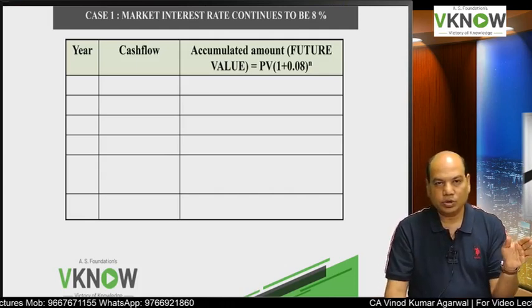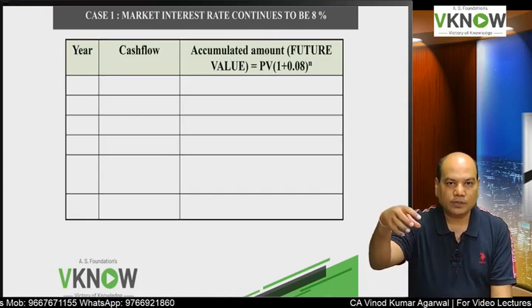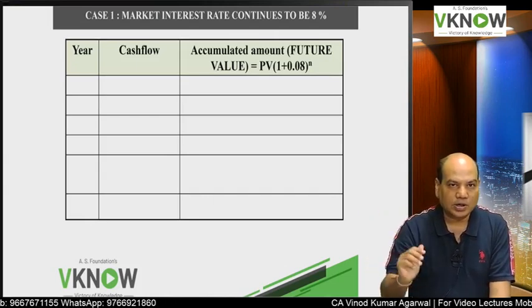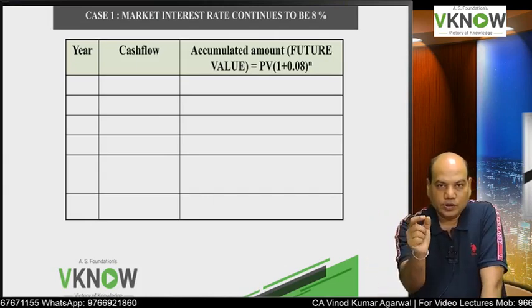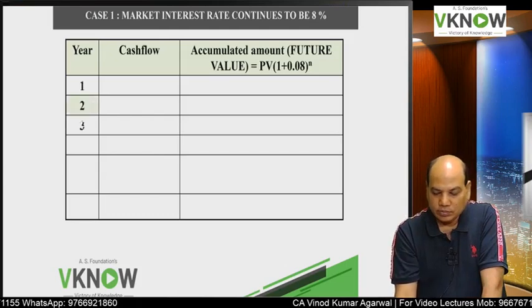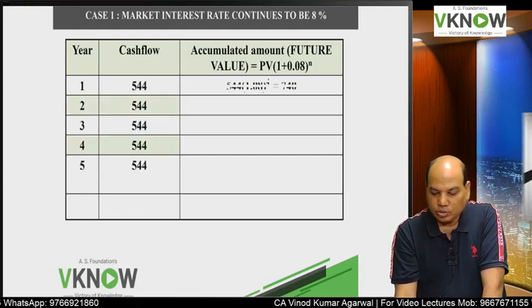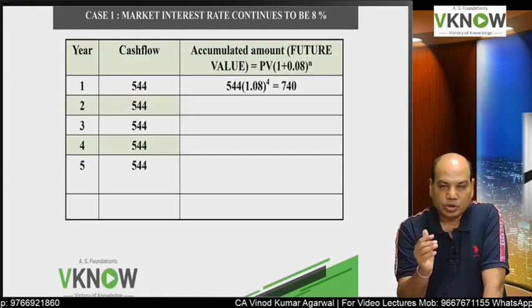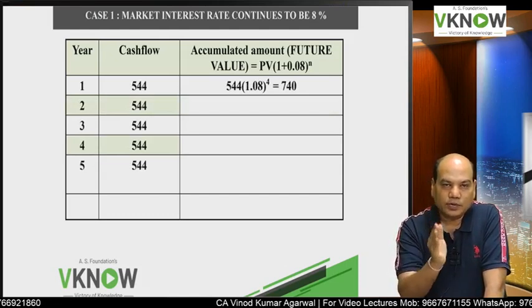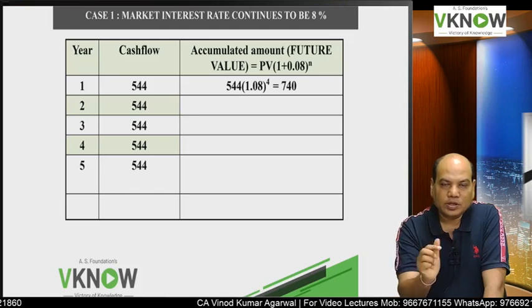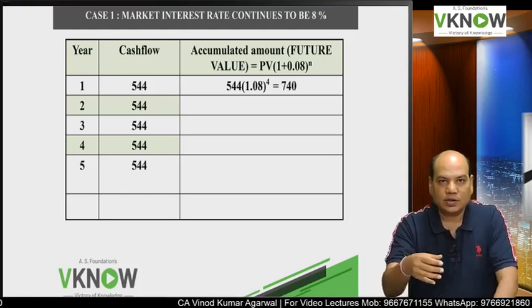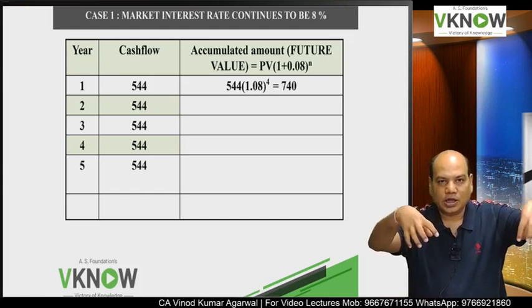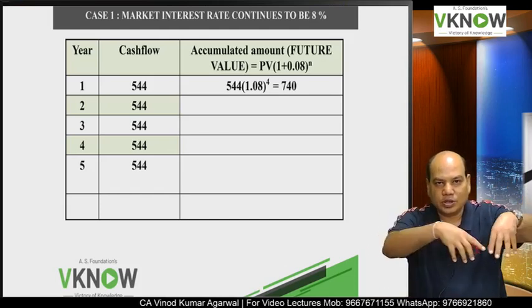We have to receive the amount at the end of 5th year because I need to pay the liability. So if you receive coupon in year 1, you will be able to reinvest it for 4 years, because I need funds at the end of 5th year. I will receive at the end of year 1 and I will recover at the end of year 5. So there is a gap of 4 years.